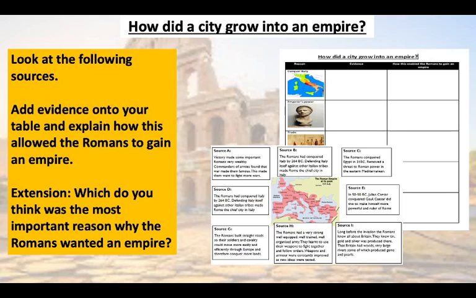Okay, so for your main task today then please, if you go into assignment and find these two documents, they are going to be your main resources. Now, what I would like you to do is to look at these sources here, and I would like you on your table to add in any evidence that suggests that these reasons that we've just discussed allowed Rome to create their empire from a city.